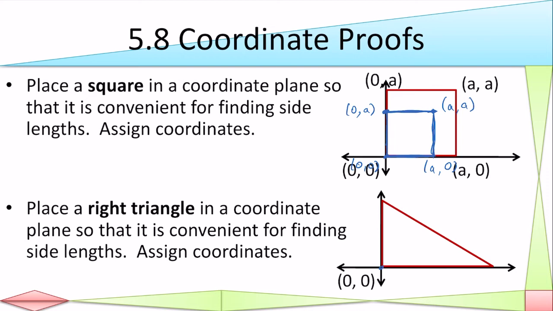How long shall we make this leg at the bottom? All right, a. And then we could make the other leg some other length like b. And there we go, we have a right triangle. We could do things like the Pythagorean theorem, maybe prove that.